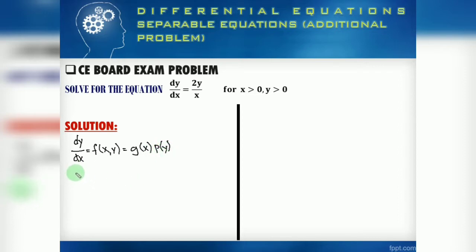Based on the given, we have dy over dx equal to the fraction 2y over x.